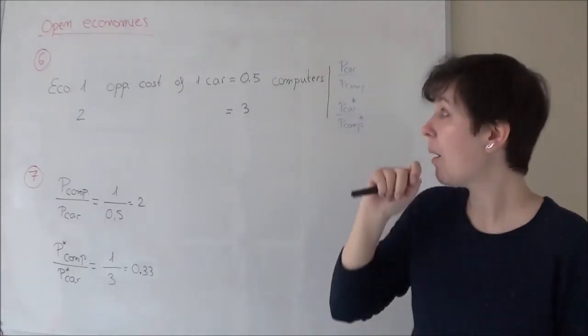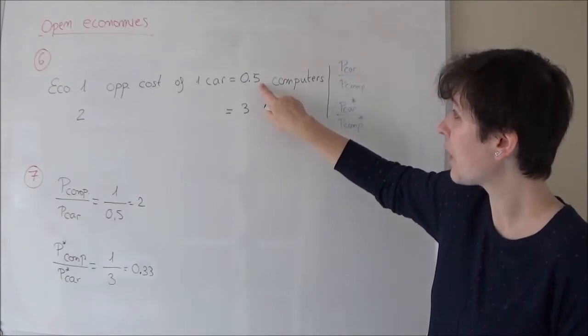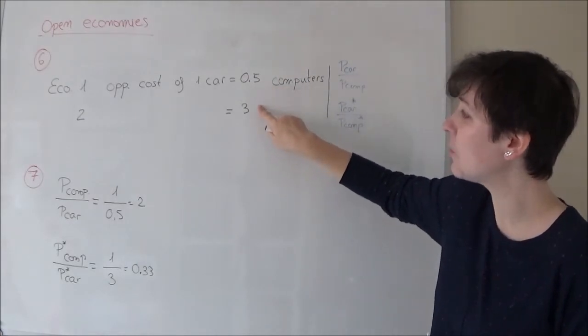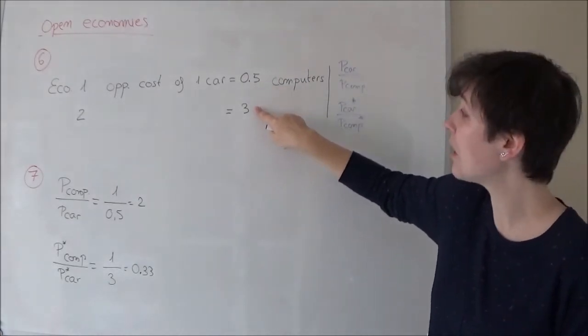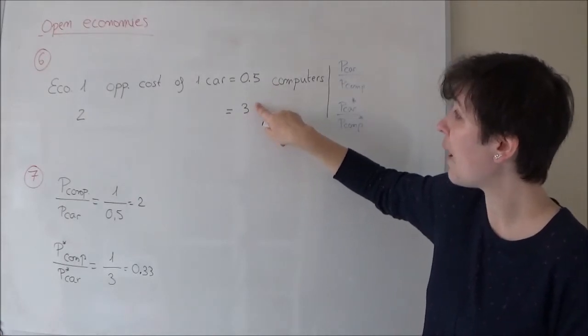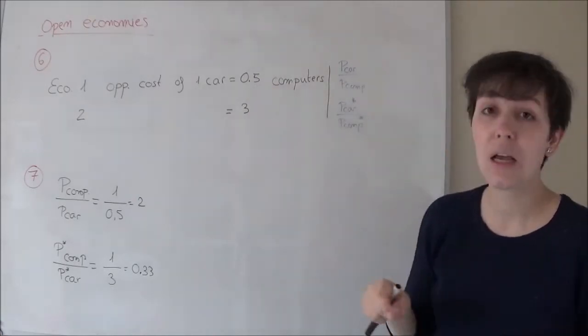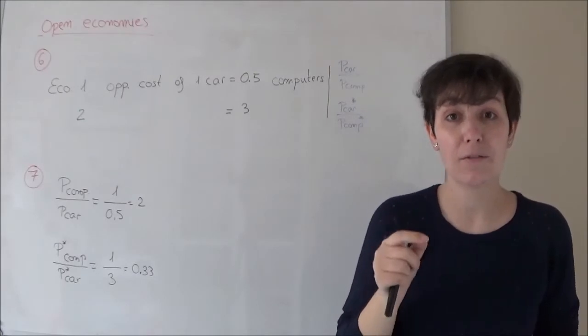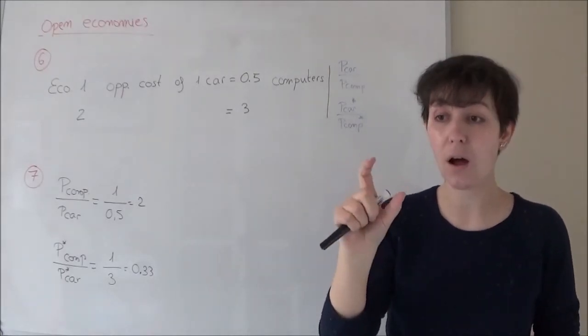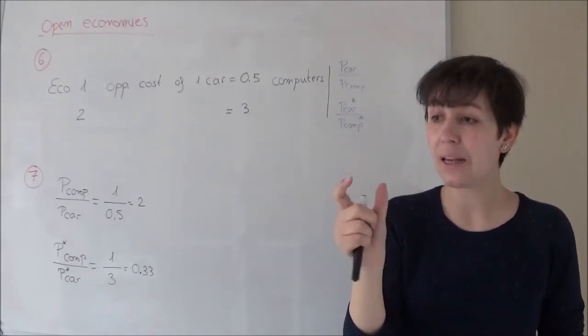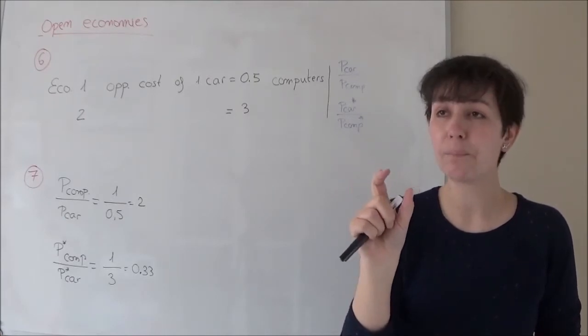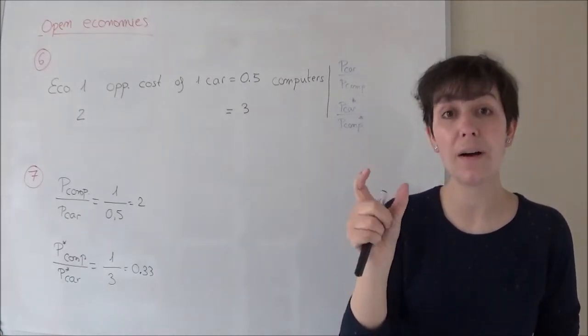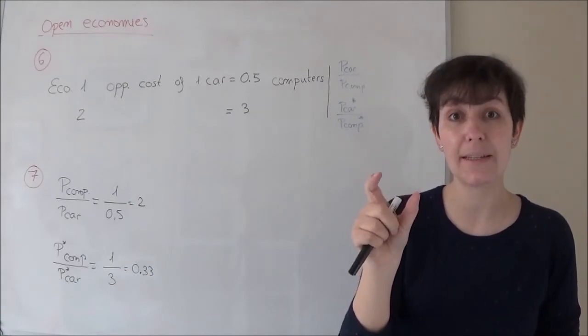How is that? Because workers here are going to be really happy selling to that economy, because this economy is willing to buy those cars always that the price is smaller than 3. And we have a range of values between those two extreme cases.